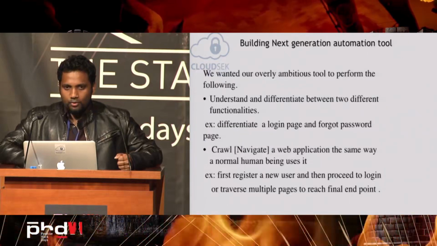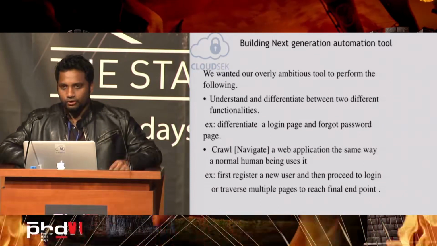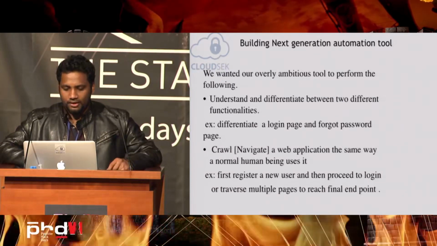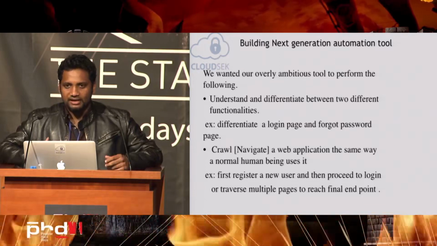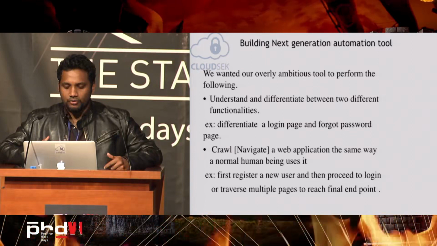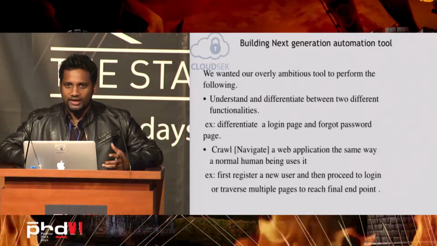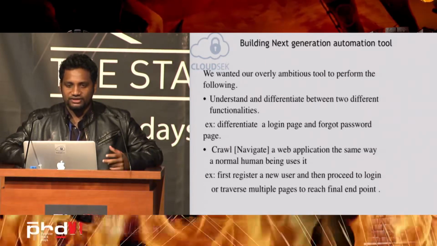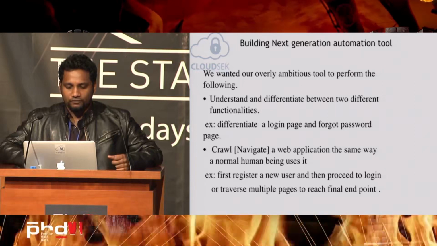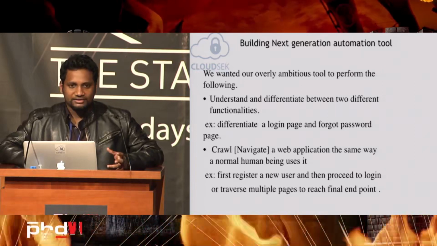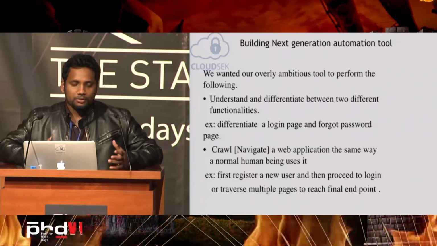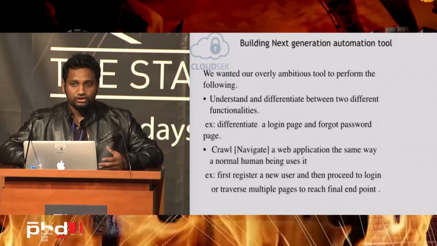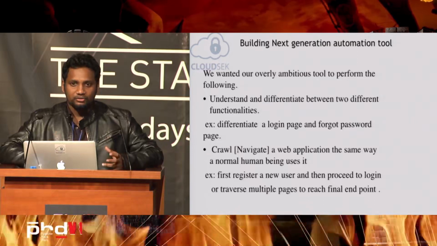So technically, when we started this project, we wanted to solve the following things. We wanted our tool to understand the application it is scanning. We wanted to build more context about the application it is testing. So for example, if the application is scanning Twitter, and if it's scanning an e-commerce site, it should understand that it's dealing with an e-commerce site.